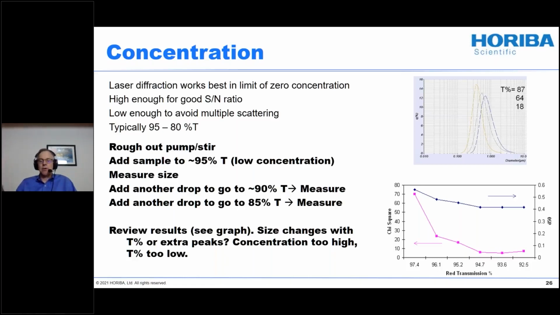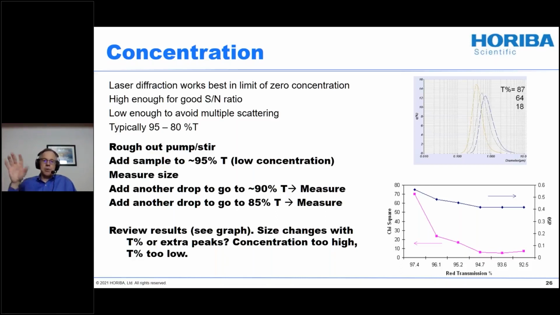And so, hey, go as low as you can. The trouble is, if you go too low, you don't have enough scattering to obtain a good signal-to-noise ratio or consistent results. If you go to too high a particle concentration, you'll have issues like multiple scattering that affect your results. Typically, you're looking at 80% to 95% transmission.